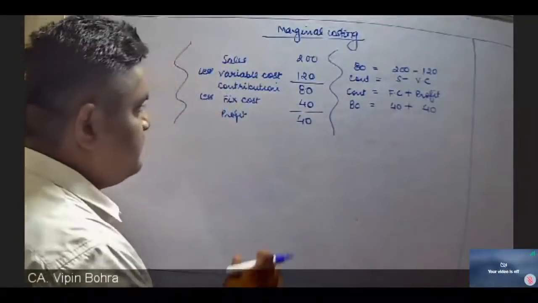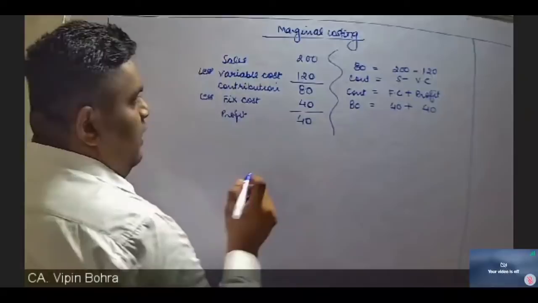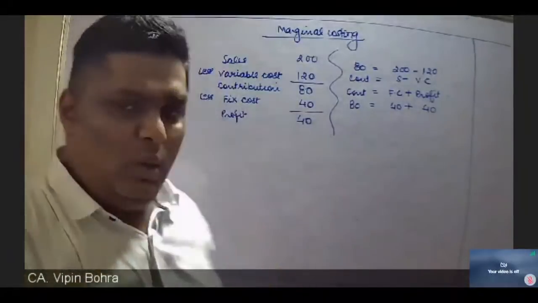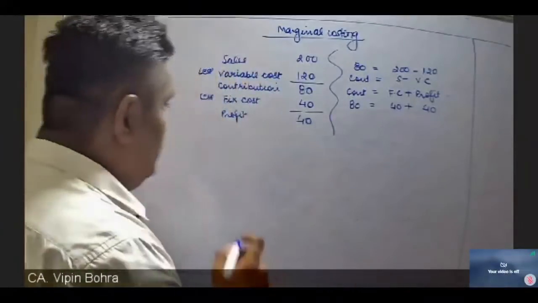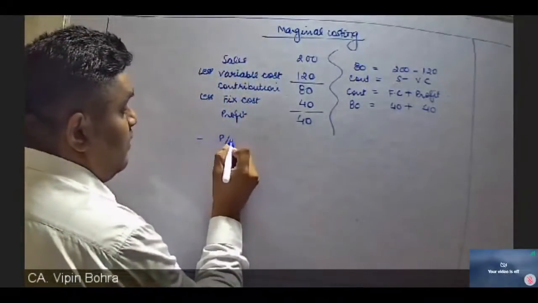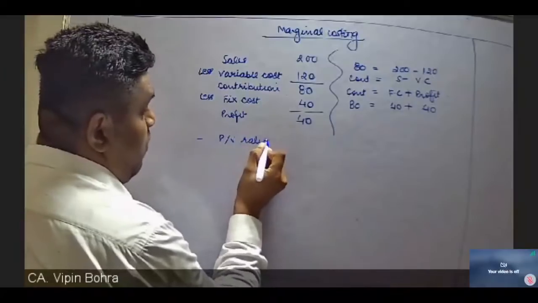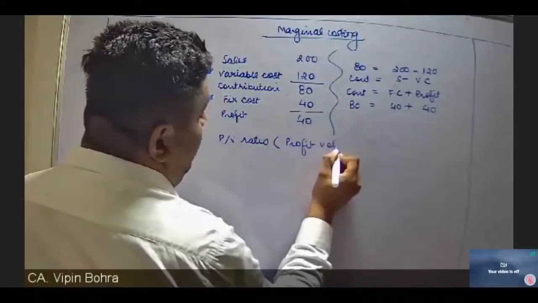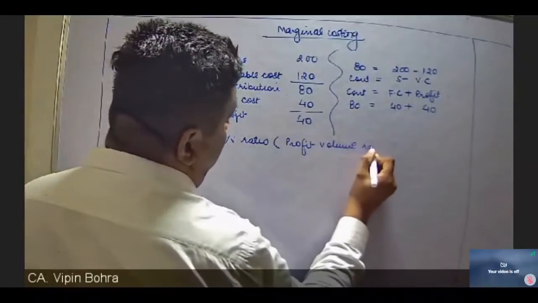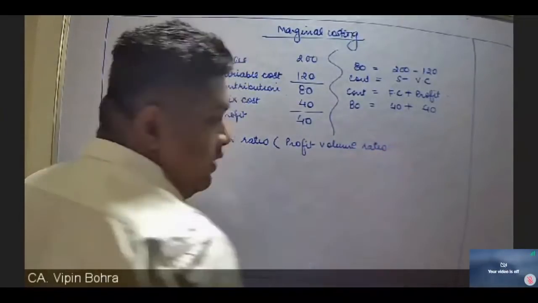Now, the first question the examiner asks in exams is PV ratio, that is profit volume ratio.